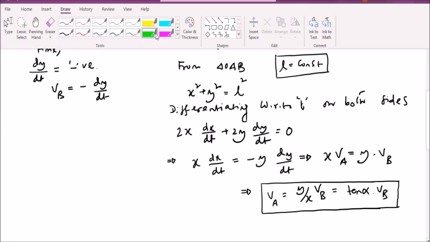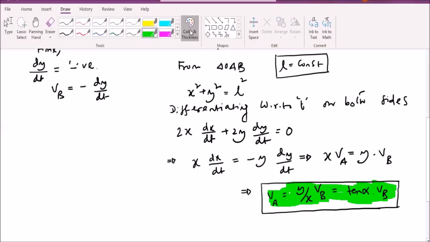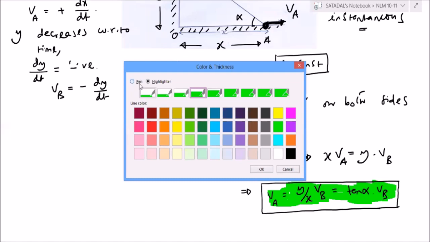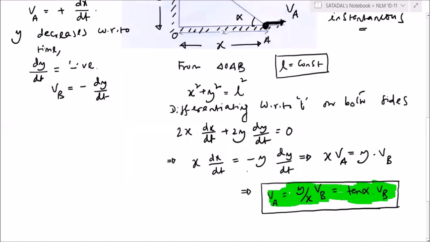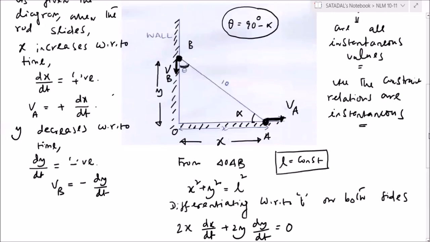Is that fine? So this is the end result we are getting. Okay, no? Clear everyone? Right? Yes. So that is from method 1 or concept 1.